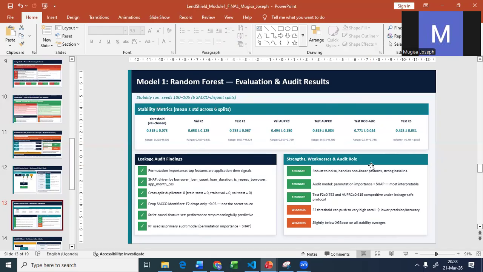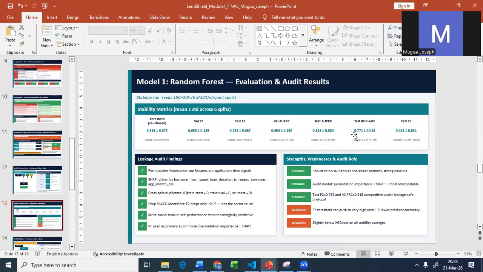It's like the probability: if we randomly pick a random defaulter and a random non-defaulter, and we give probabilities to them, what is the chance that we are going to give the higher probability to the defaulter and a low probability to the non-defaulter? So this is pretty quite good.